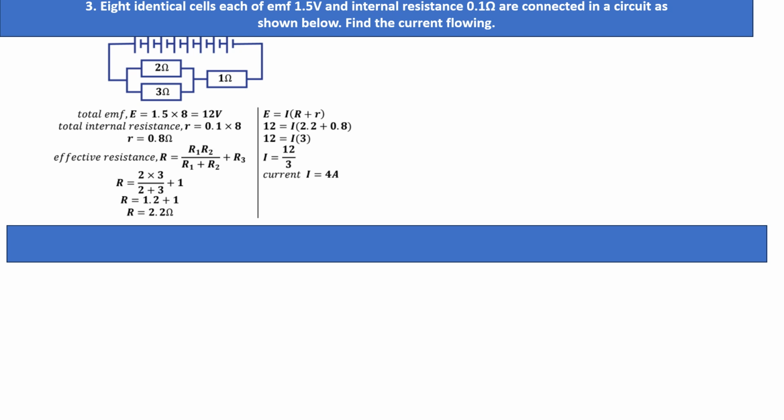Then the result gives us a series arrangement with the 1 and the effective internal resistance of the three cells. The final result gives us a current of 4 amperes, given that the voltage, where is the voltage? Yes, the voltage is already there, which is 12 volts.